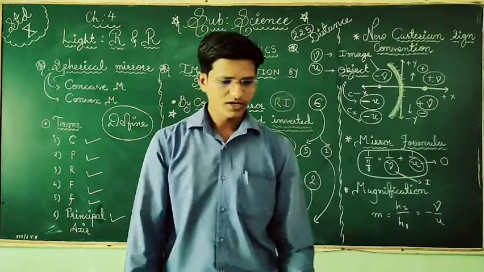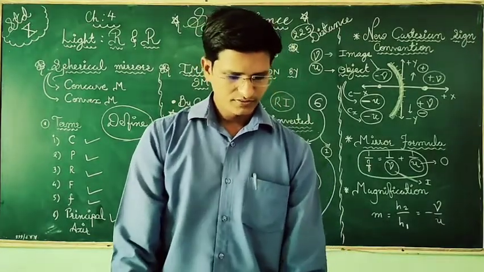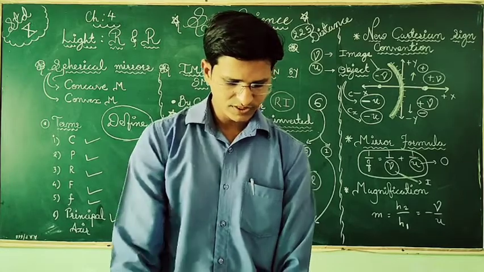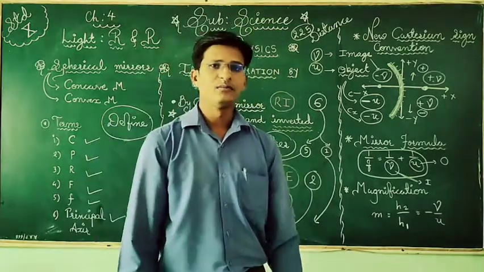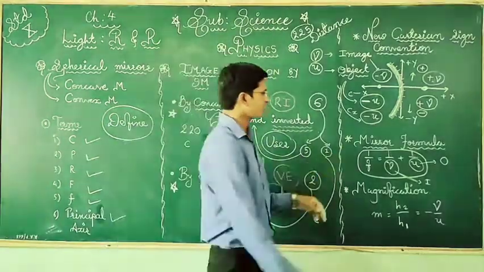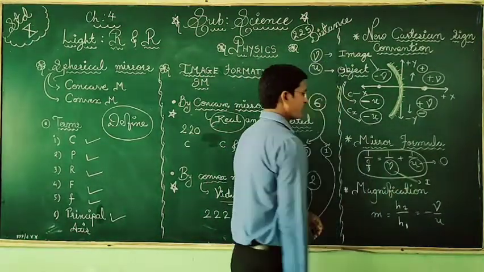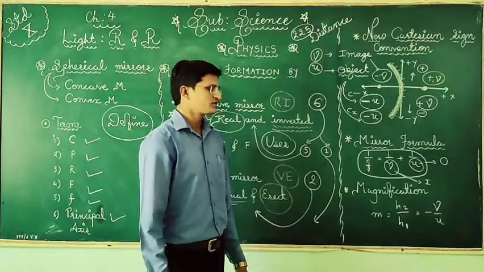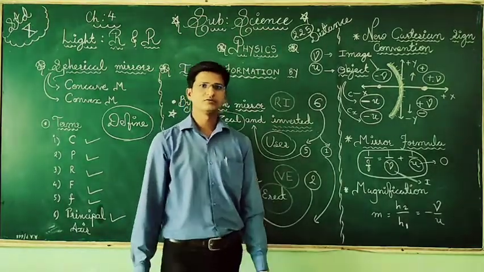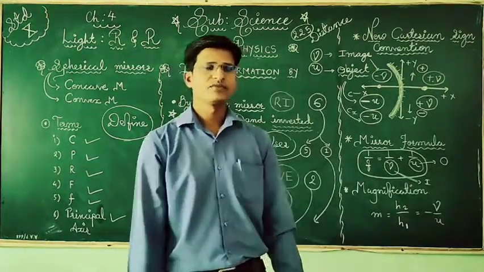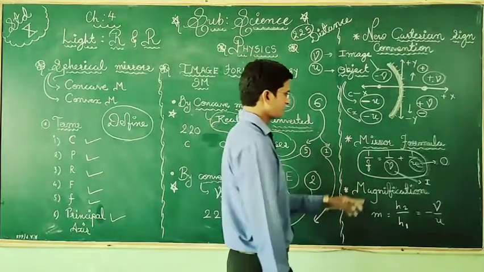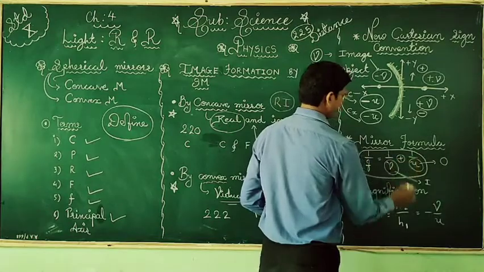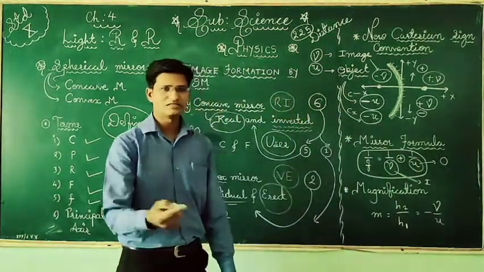So this is the formula of image formation by a mirror. This is the mirror formula: 1 upon f is equal to 1 upon v plus 1 upon u. The lens formula we will discuss in this chapter only.